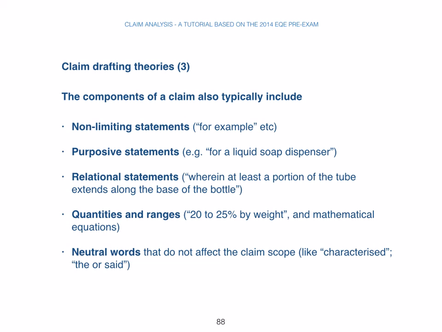Quantities and ranges, 20 to 25% by weight, for example, and mathematical equations. And neutral words that do not affect the claim scope, like characterized, the, or said, or wherein.